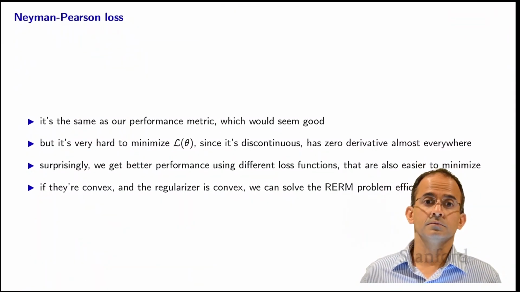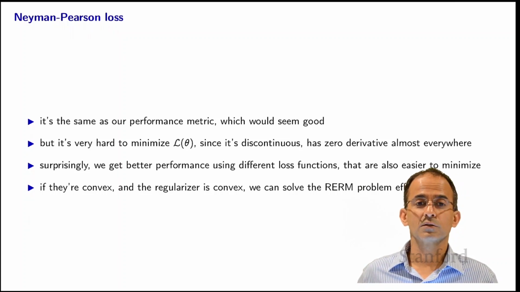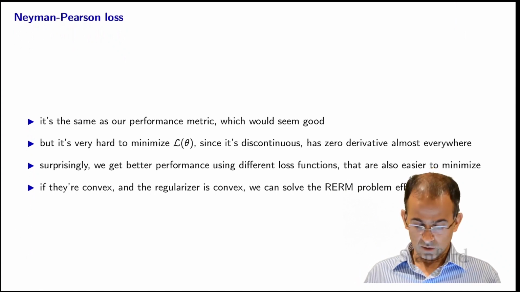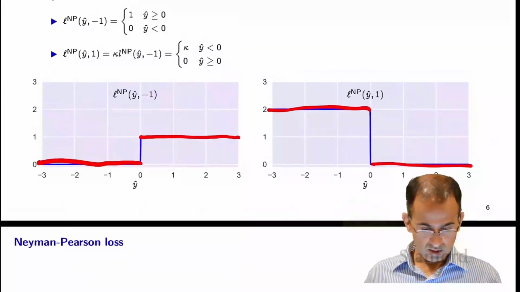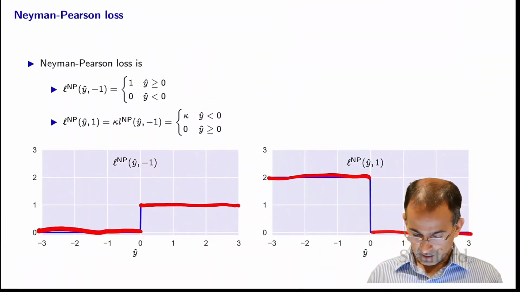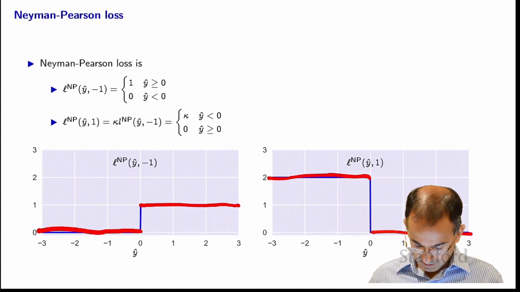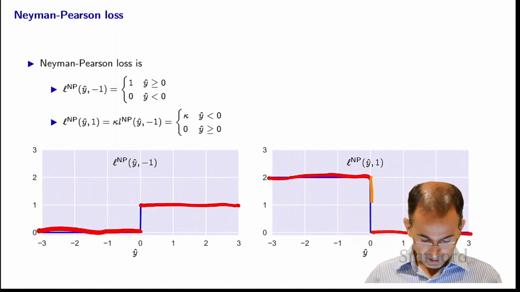That's a good thing, but the unfortunate thing is that it's actually very hard to minimize empirical risk with the Neyman-Pearson loss. And the reason for that is twofold. One is that it has discontinuities at the origin.